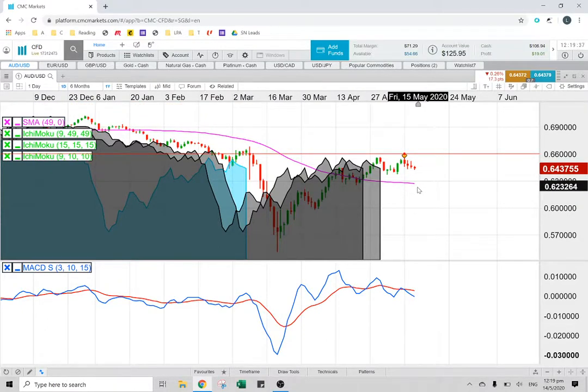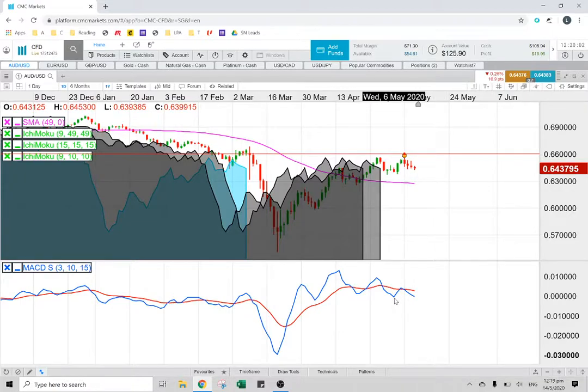Once it starts getting flat, we don't really want to stay in for too long. It's getting very close to flat, so I think we might want to start getting out of the position. Red line down, blue line down, and a series of lower highs and lower lows.